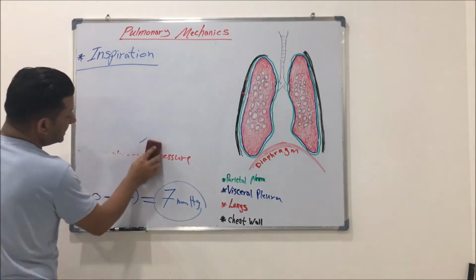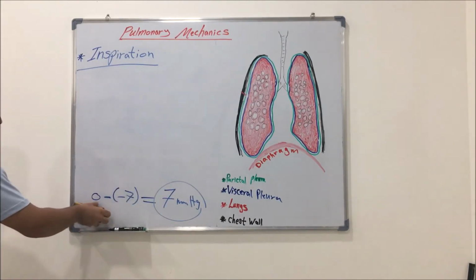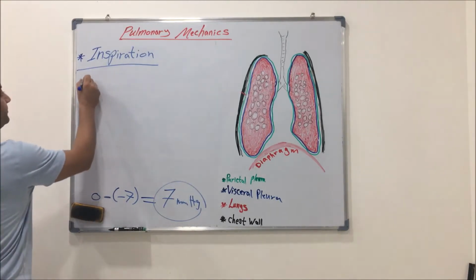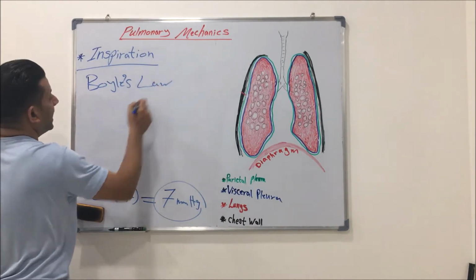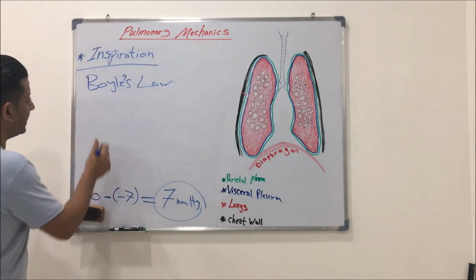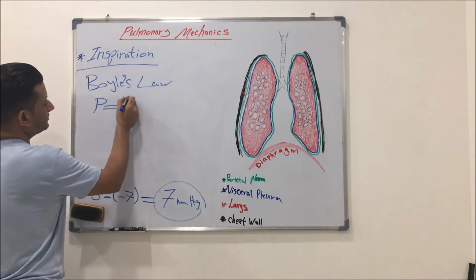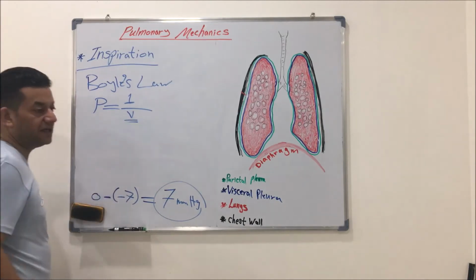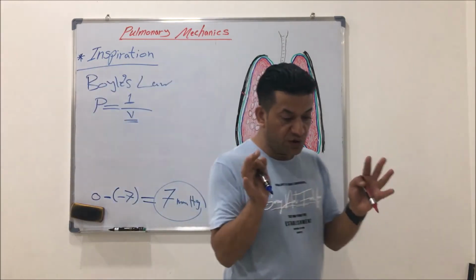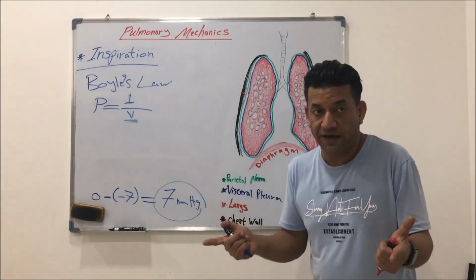So if the size of the alveoli increases, let's go back to Boyle's law. Boyle's law states that the pressure of a gas is inversely proportional to the volume of its container. So the container here is the alveoli.